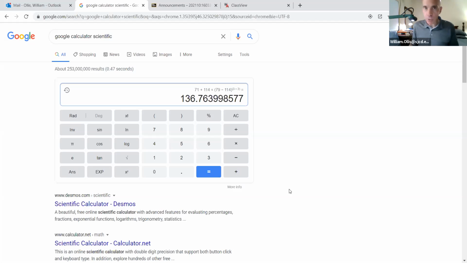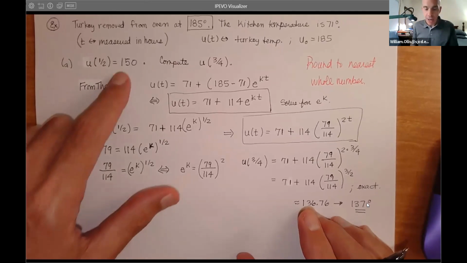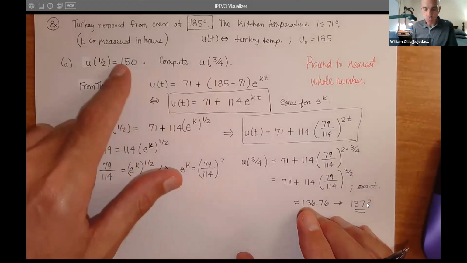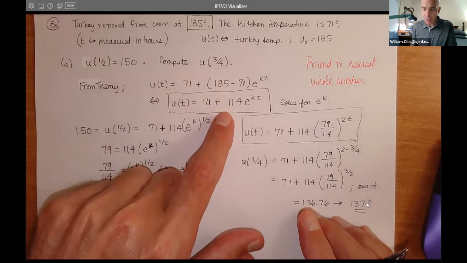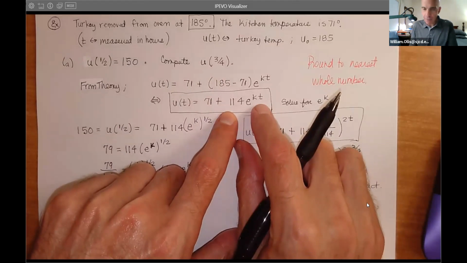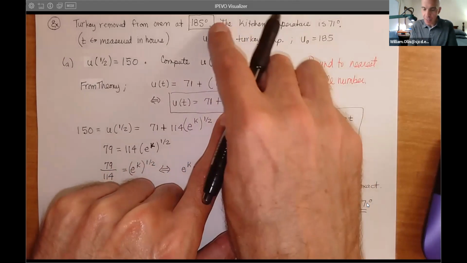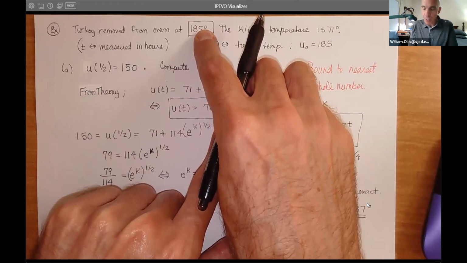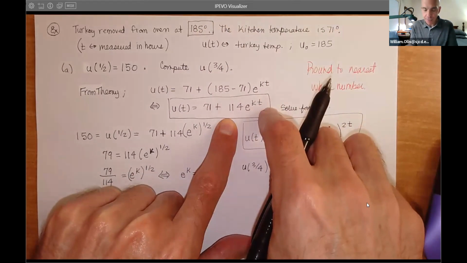After a half an hour, well, let me go back to the document cam. After a half an hour, we have 150, and we've got the original temperature, 185, of the turkey and the surroundings to get this.